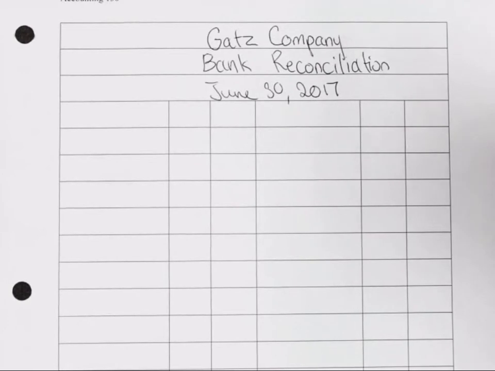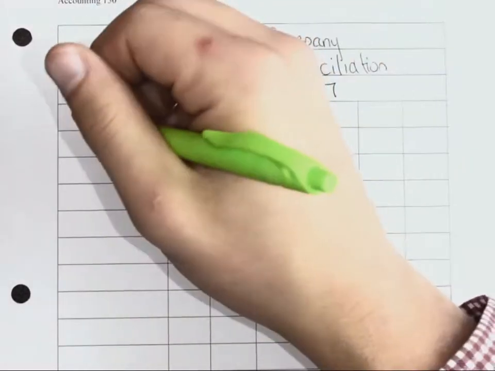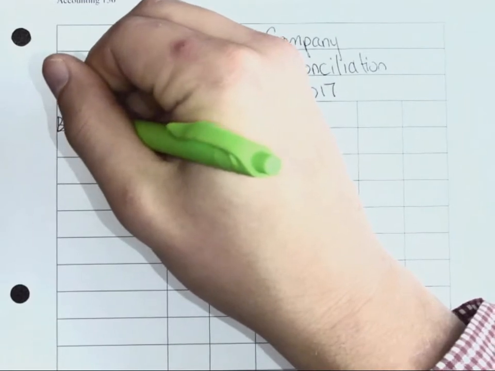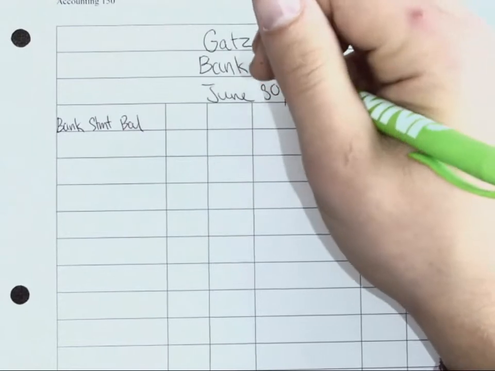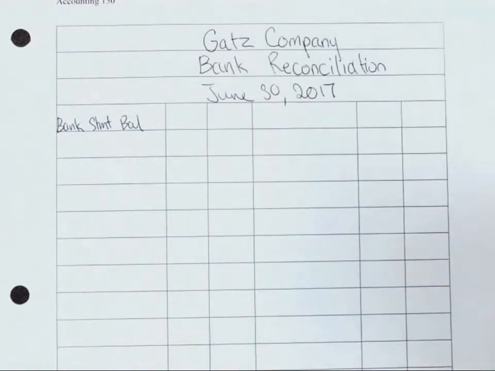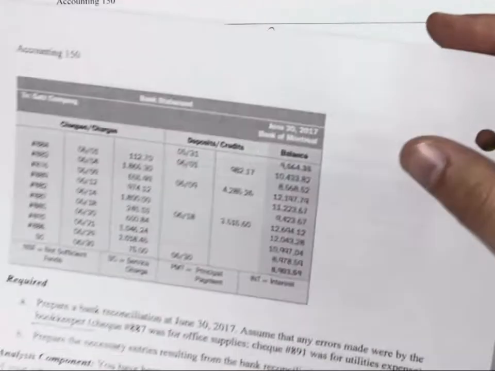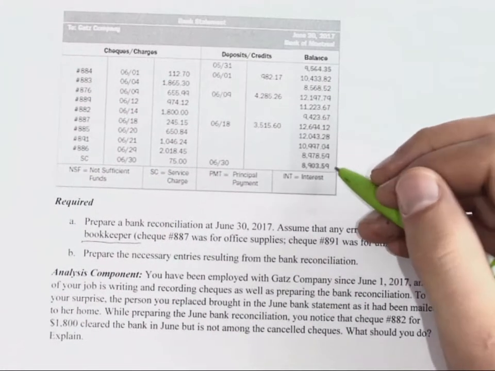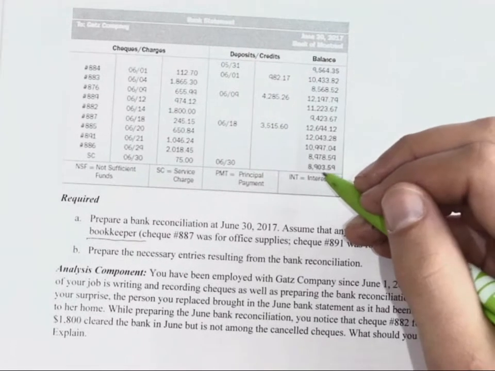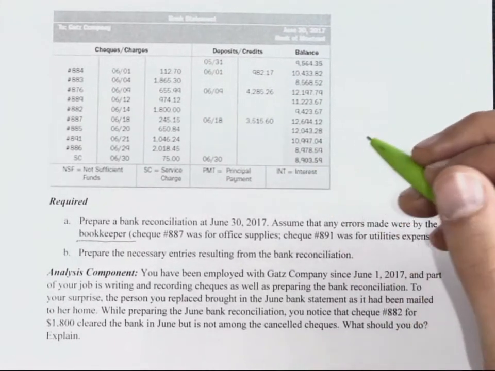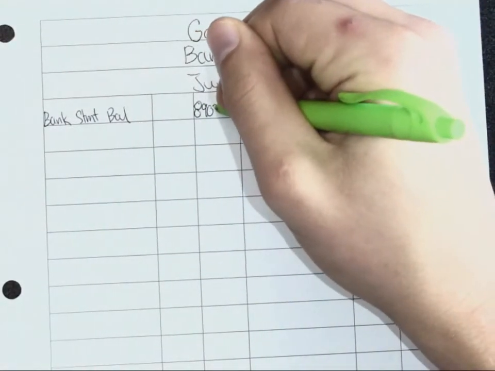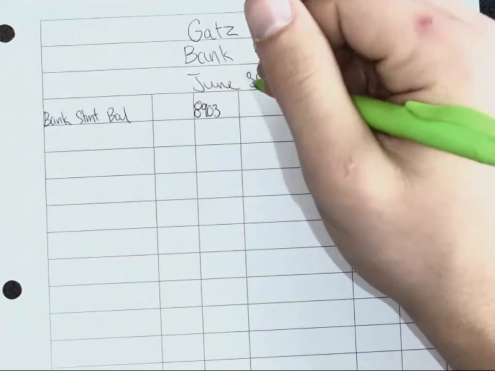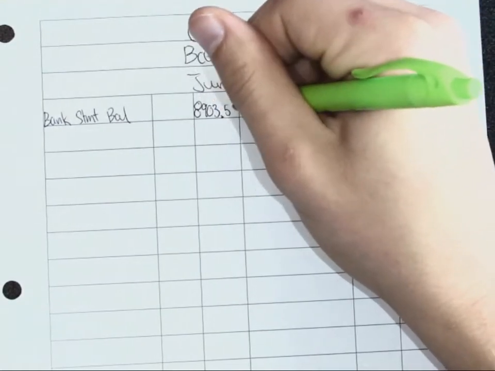So what goes on the left? And where can we find our bank statement balance? In the bank statement. At the very bottom of our bank statement, we get our bank statement balance, for 8903.59.